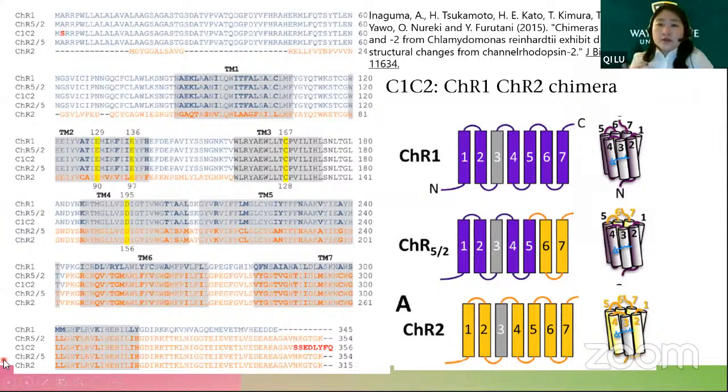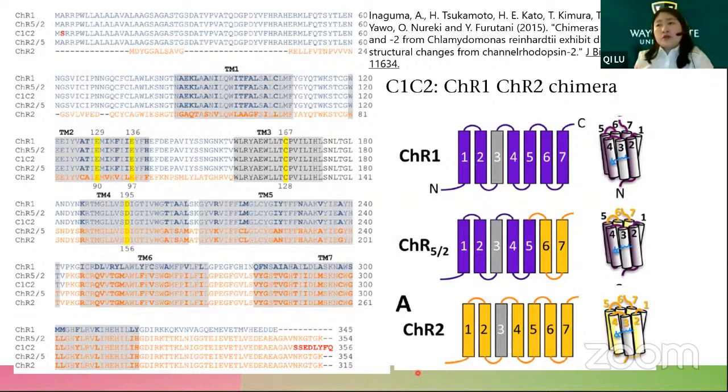In this 2012 research article, they actually did not discover the structure of either channelrhodopsin 1 or channelrhodopsin 2.